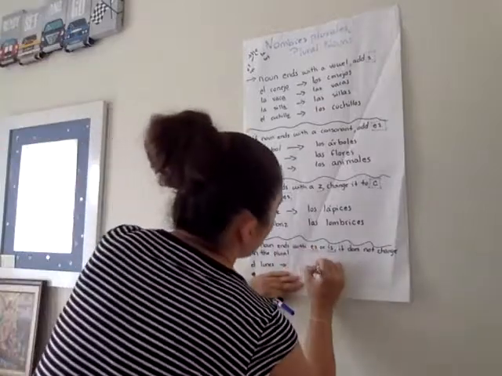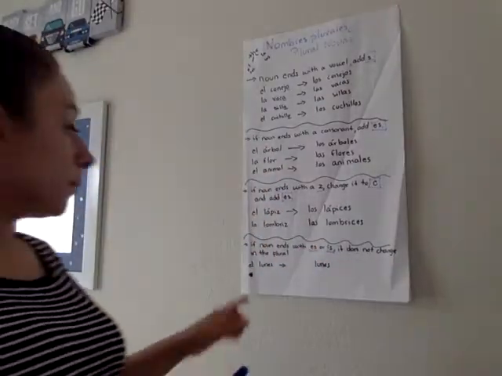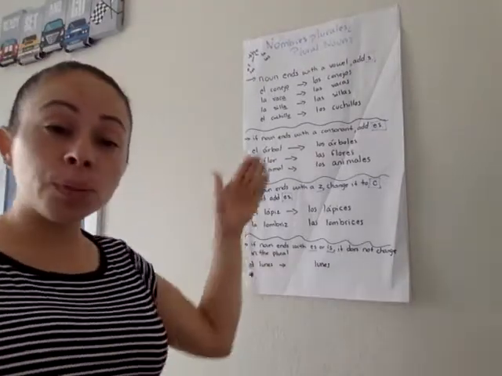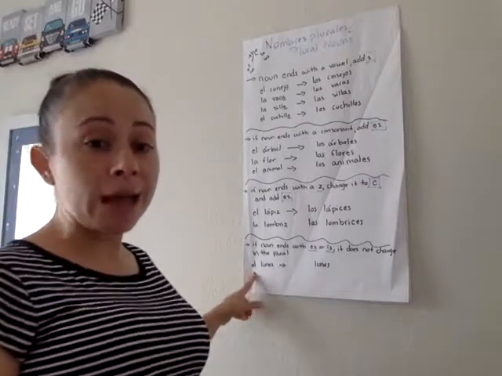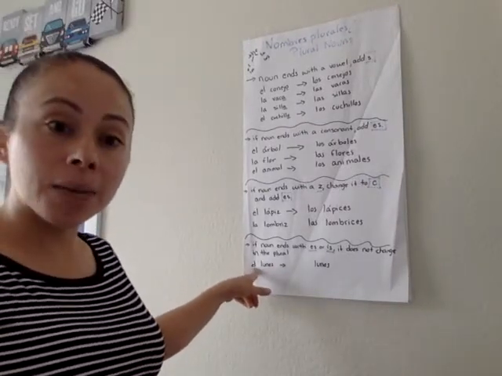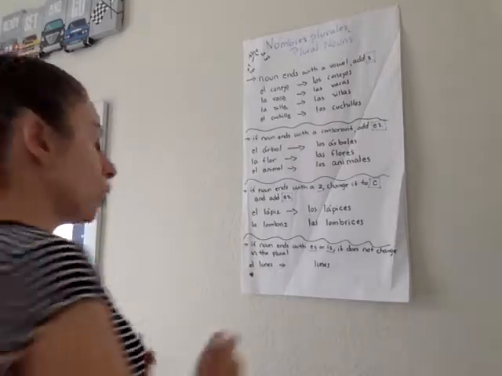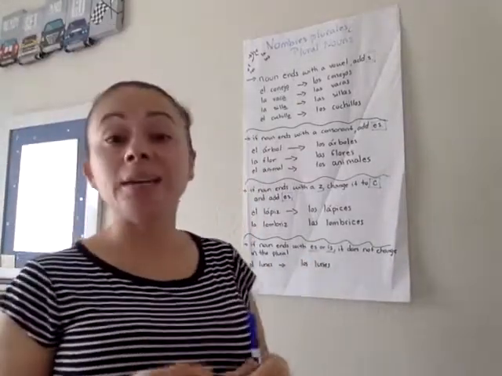The only thing that you will need to change from singular form to plural form is the definite article that goes before the noun. So for example, el is going to become plural los. So it's los lunes, the Mondays.